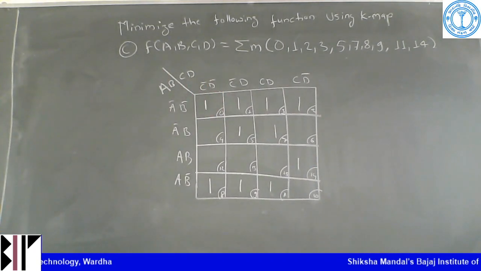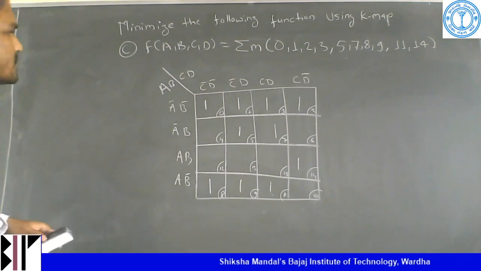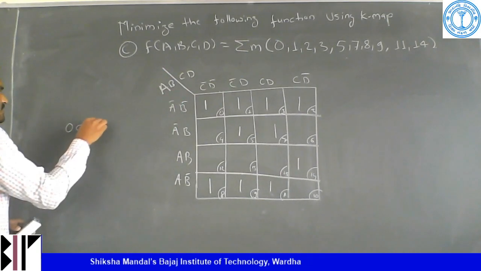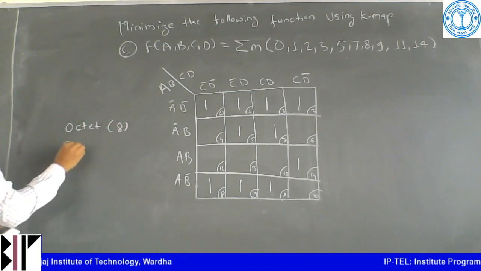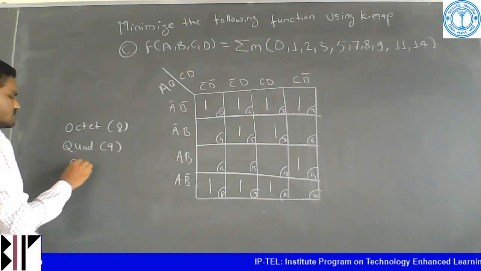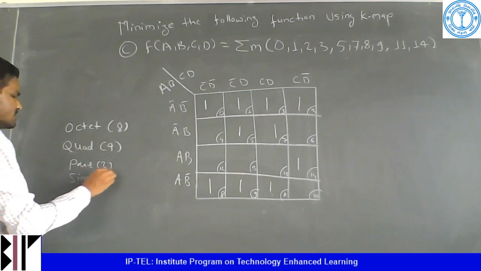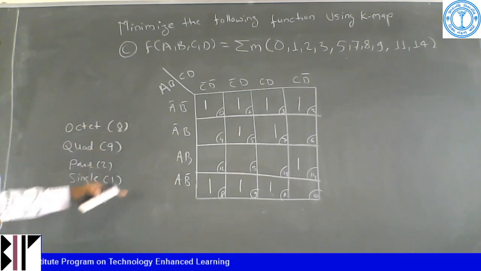Fine. Now we have to combine adjacent ones. So what is the possibility? Octet, that means 8 adjacent ones. Quad, that is 4 adjacent ones. Pair, that is 2 adjacent ones. Or we can have a single one.